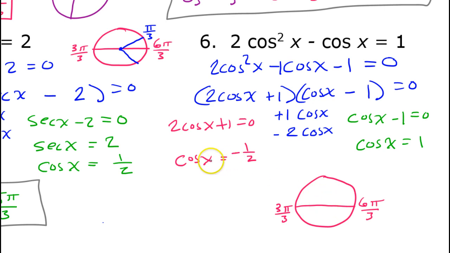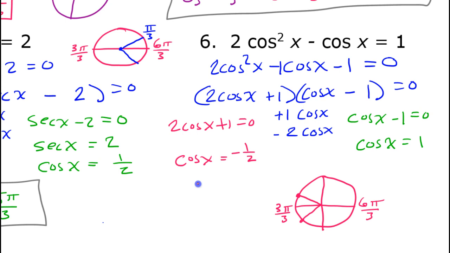So I want cosine to be negative. So think about what two quadrants cosine will be negative. Cosine will be negative on the left side. So that's going to be here and here. All right, the left side. So that is before and after 3 pi over 3.